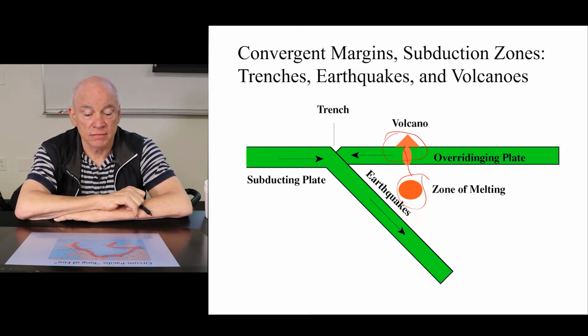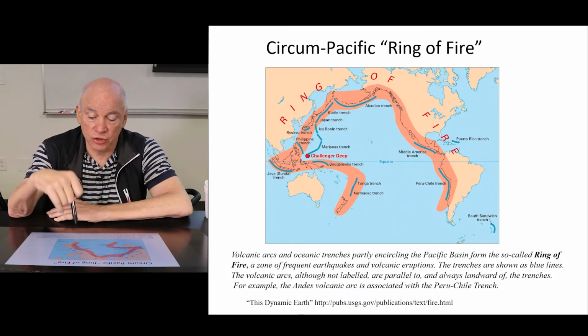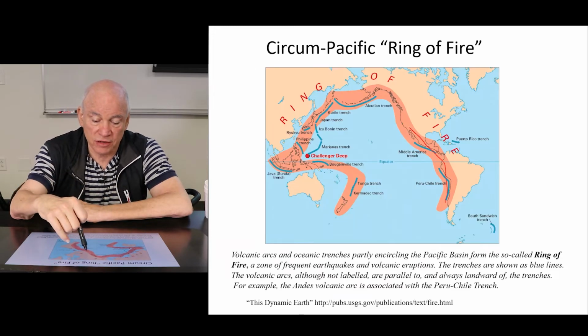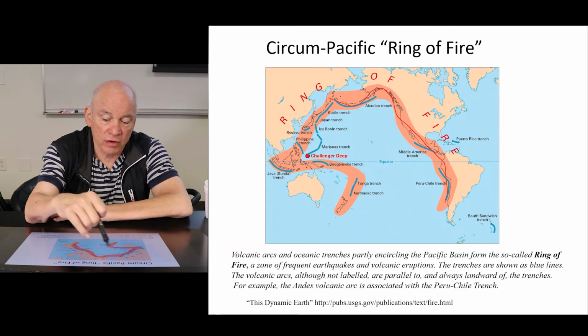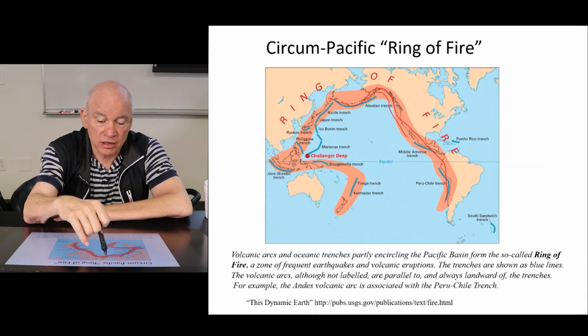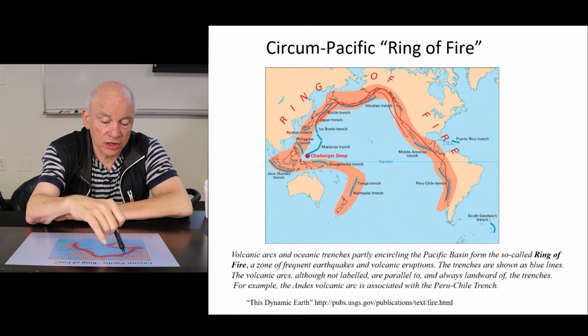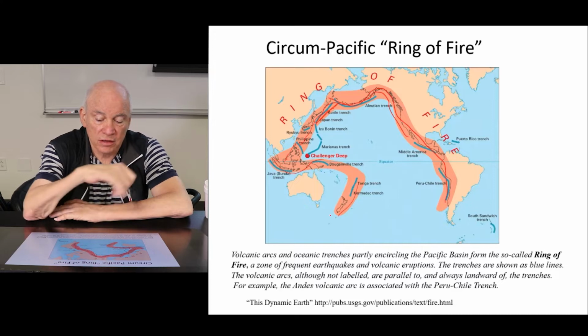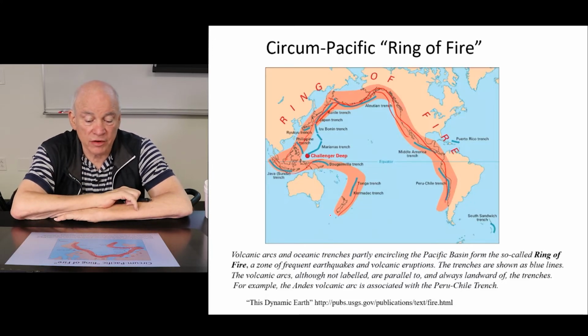Next slide. All right, and this is true of the entire circum-Pacific Ring of Fire, all the way up through Western North America, the Aleutians, Pacific Russia, Japan, Philippines, Indonesia, and down to New Zealand.